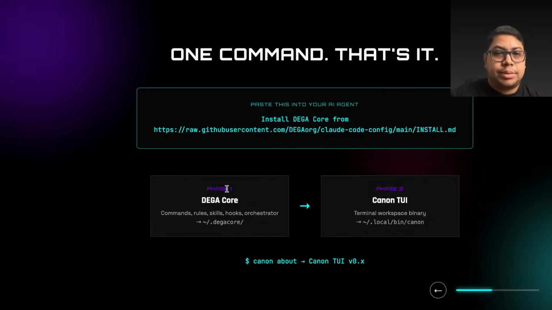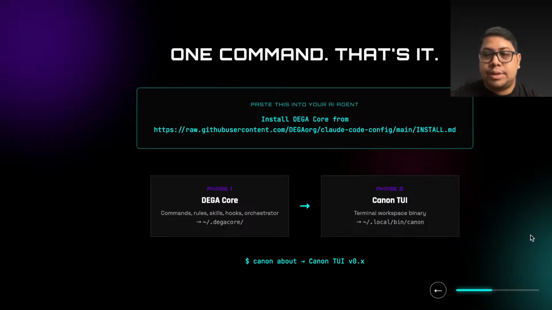So to summarize, we did a single command from our side. It was a single command. It installed the phase one DEGA core, which includes Canon command rules, skills, and everything under the hood. And then it installed the Canon terminal user interface, which is what we are able to see and interact with for Canon, right?